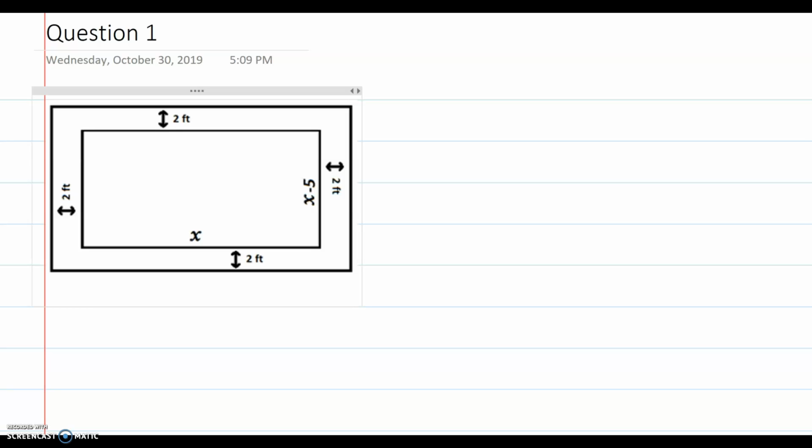So inside we have x and x minus 5. So I need to figure out the area of all. So then in the area of all, I will have plus 2 and plus 2. So I'm interested in this portion first of all. And that will be x plus 4.